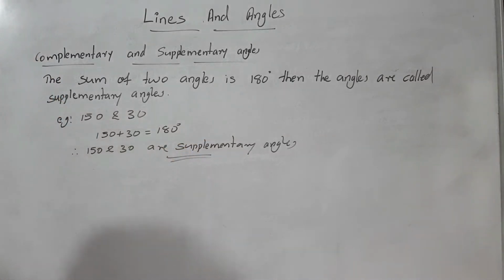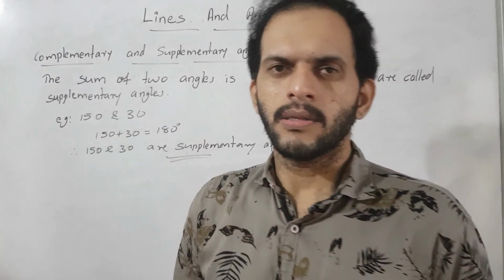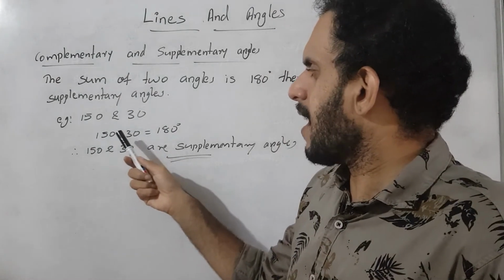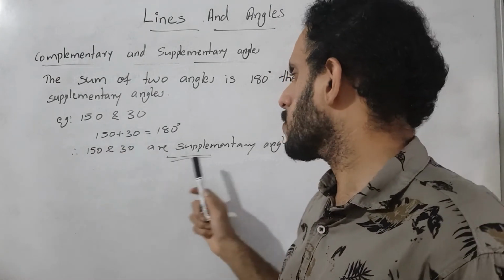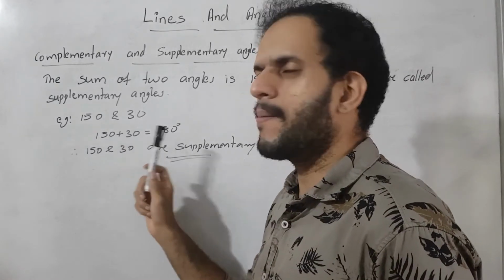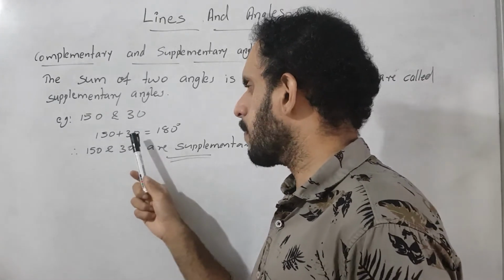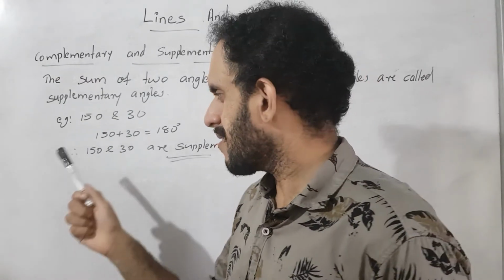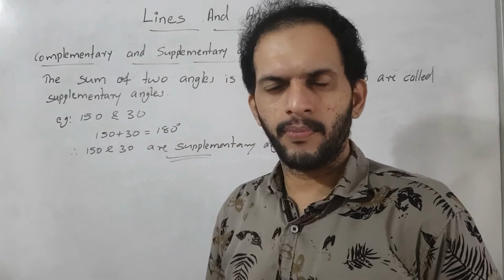Here 150 and 30 together we call supplementary angles, but 30 is called the supplement of 150, and 150 is the supplement of 30.